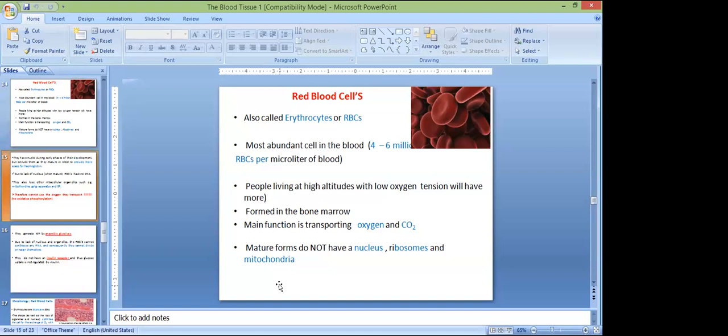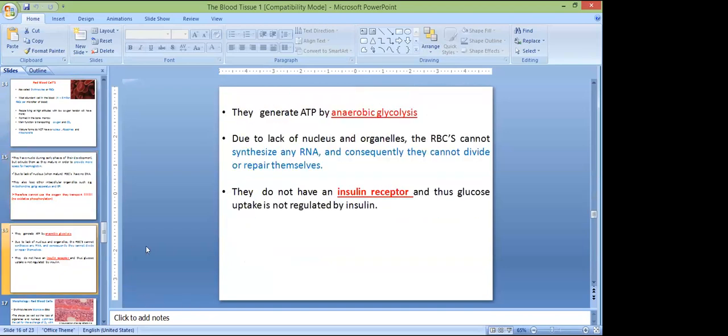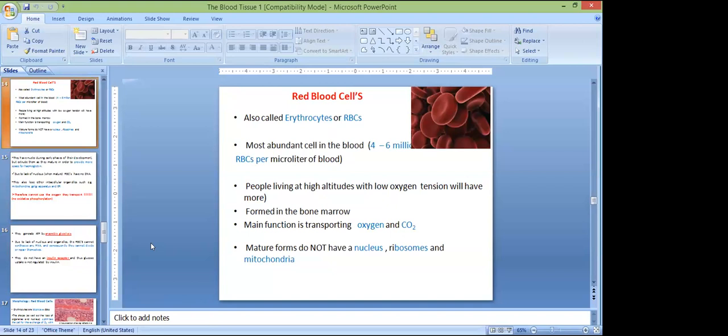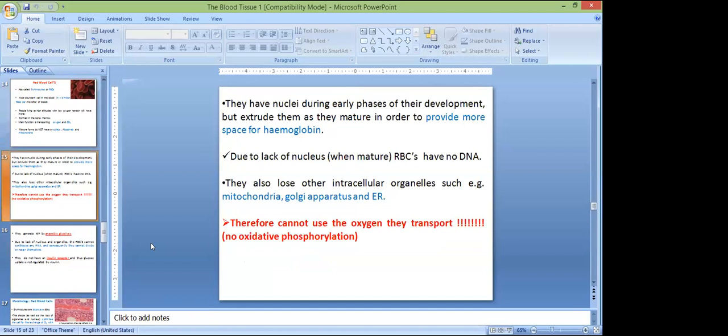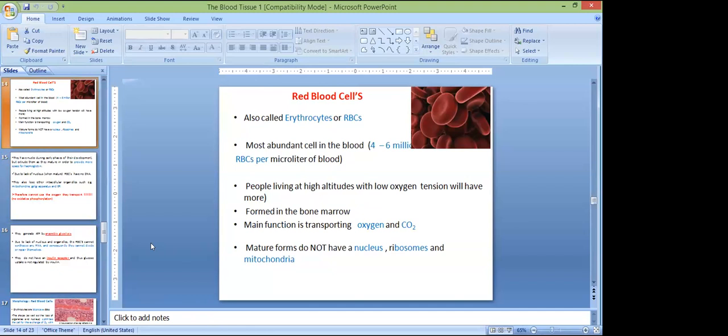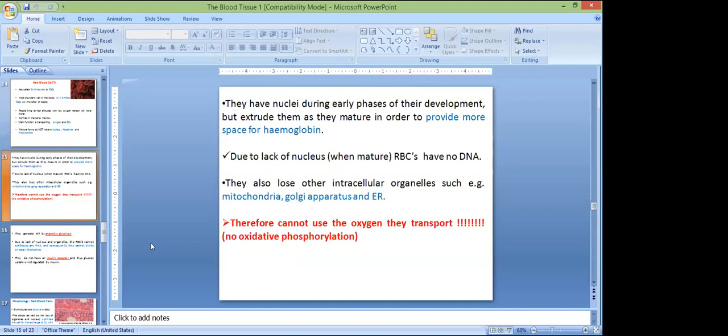Yeah, then also they are made in the bone marrow. We won't dwell so much here. All these modifications of no nucleus, no ribosomes, no mitochondria, you can say are to accommodate more oxygen so that it can transport it.